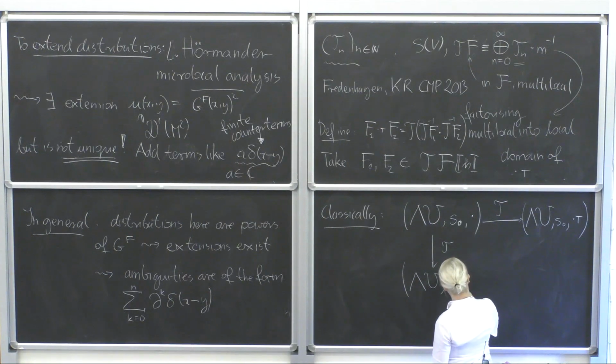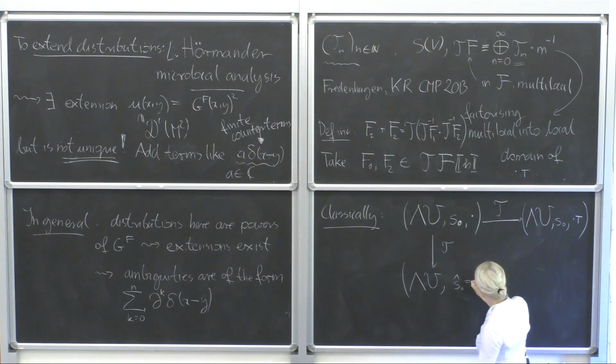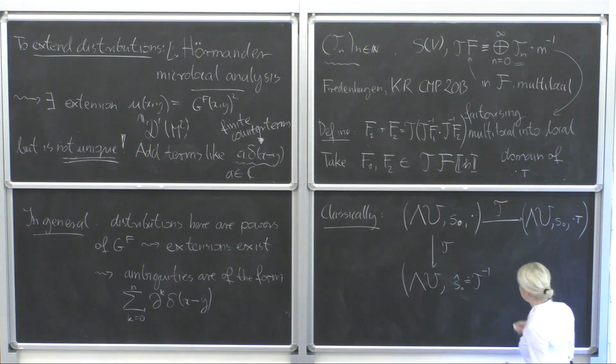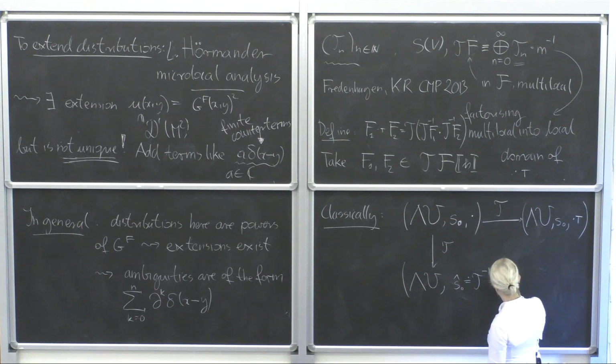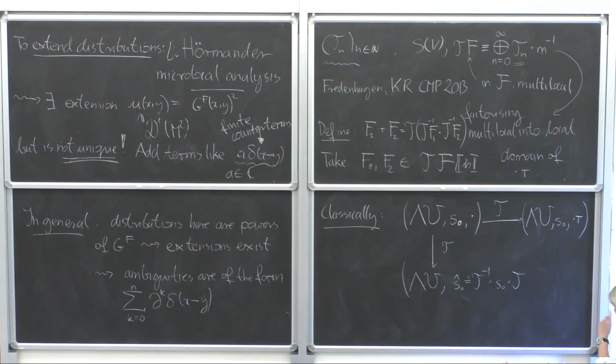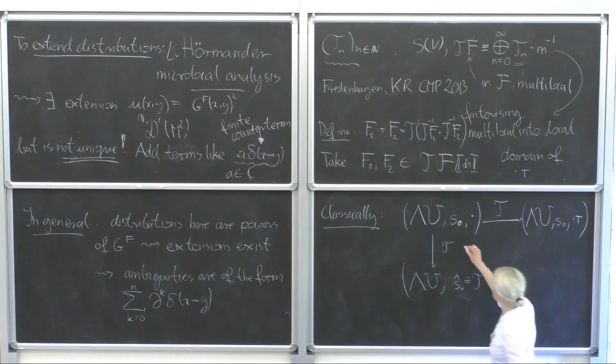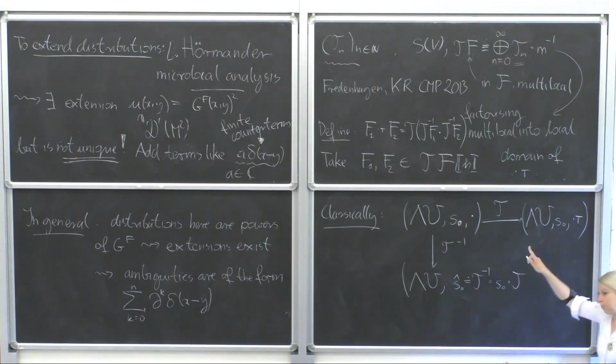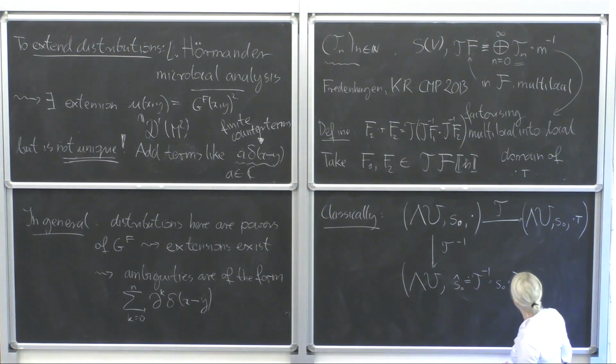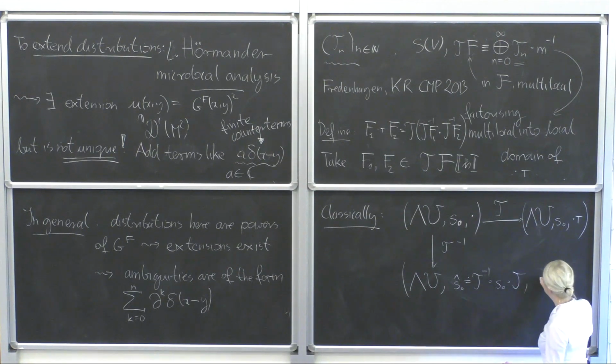So the quantum BV differential, which is T minus 1 composed with S0 composed with T. So let me now see if I'm doing it correctly. So it has to be minus 1. I want to go back, apply S0, and go back. And the product remains the same.